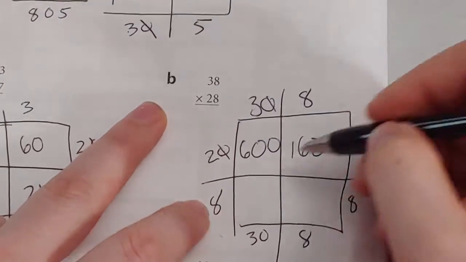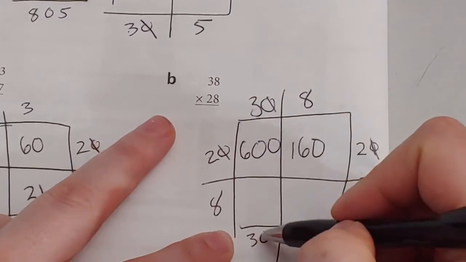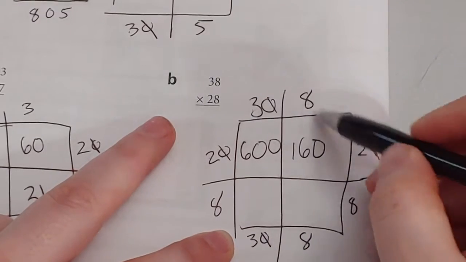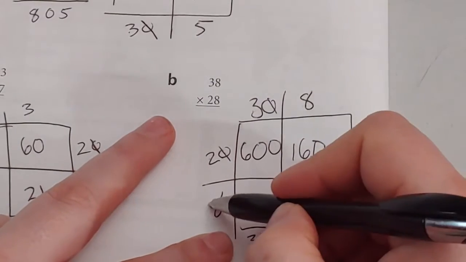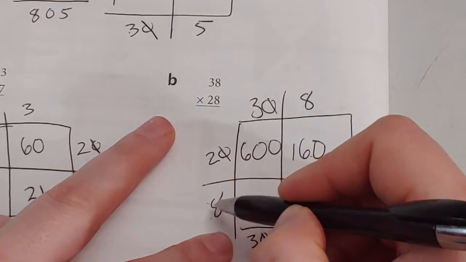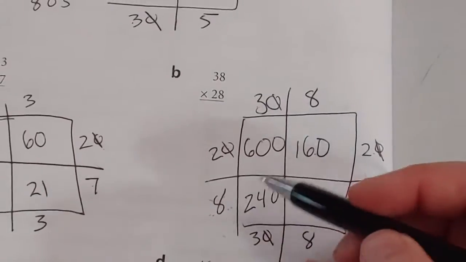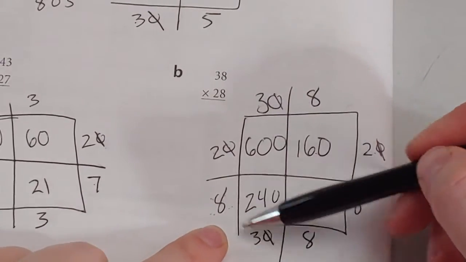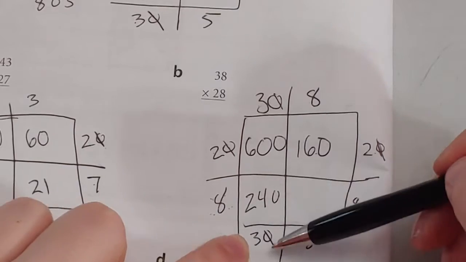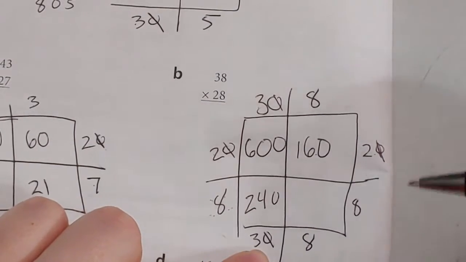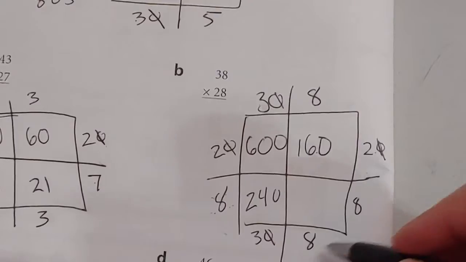Put the 0 back. 8 times 30, so 8 times 3. Well, I know 8 times 2 is 16, 17, 18, 19, 20, 21, 22, 23, 24. Sorry, my dog started barking, so let's walk through that one again. 8 times 3 is 24. You hit a 0, you put it back.